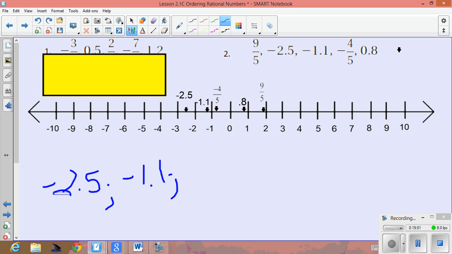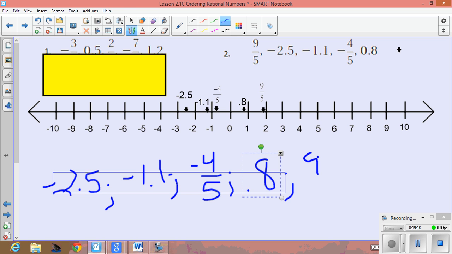We have negative 4 over 5. Then it's followed by, oh, not negative, let me just fix that, 8/10, and we have 9 over 5. All right, let's move on to the next question.